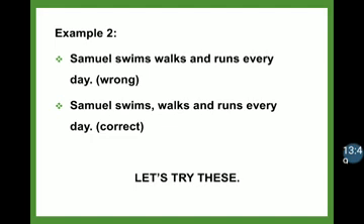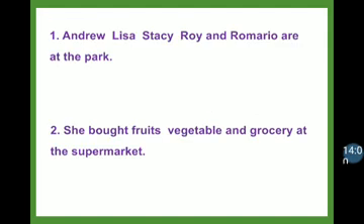Alright, so let's try to see if we can master these 2 examples that we're going to be looking at. The first example says, Andrew, Lisa, Stacy, Roy, and Mario are at the park. How many commas do you need to insert?